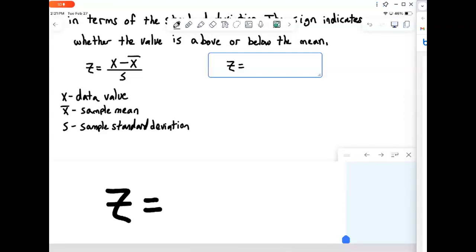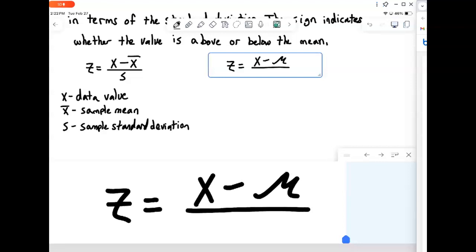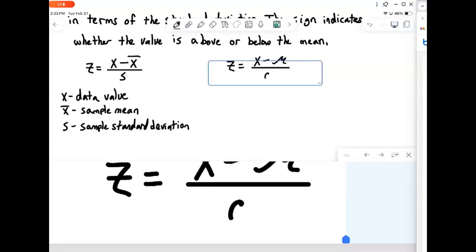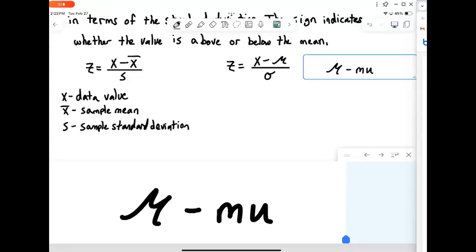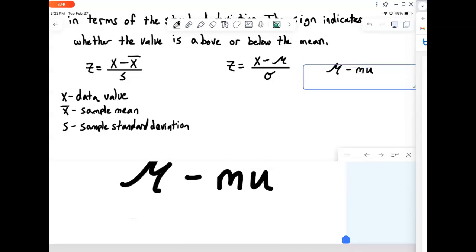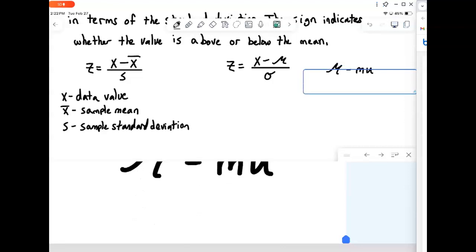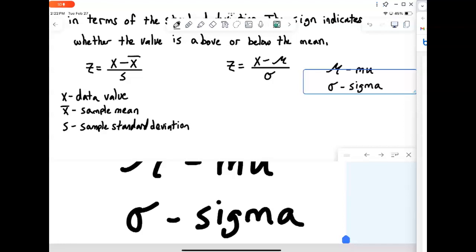The other formula that you might see pop up is this one. Z equals x minus mu, divided by sigma. Where the first symbol is this weird looking symbol, and that's called mu. It's a Greek letter mu. And then sigma almost looks a little bit like a cursive S, the lowercase sigma.